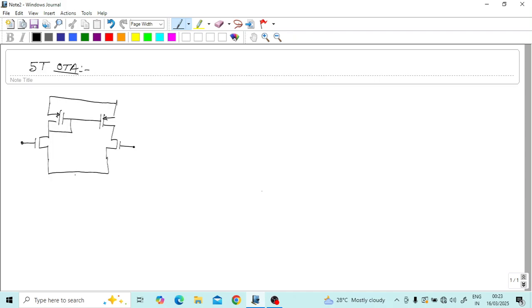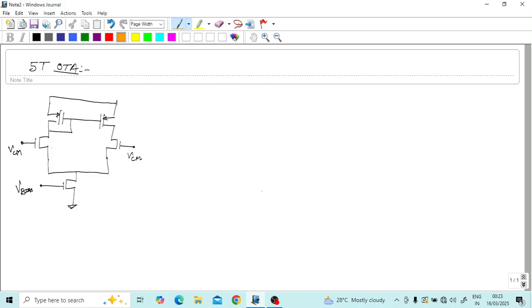For current biasing I am using this bias, this is V bias. This is VCM and VCM. I am applying both inputs the same voltage, that is the common mode voltage.